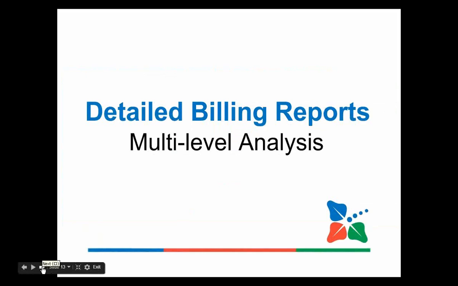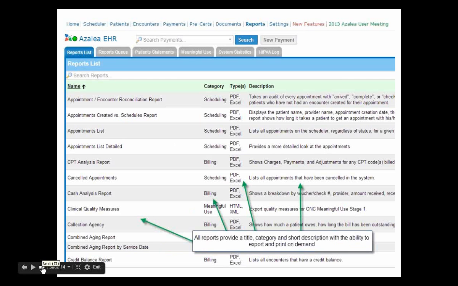And all of our billing reports offer a multi-level analysis, and what I mean by that is that you're able to generate the report not only in a PDF, but you're able to generate them in an Excel spreadsheet. What that allows you to do is to modify the data to suit whatever need you have at the moment.